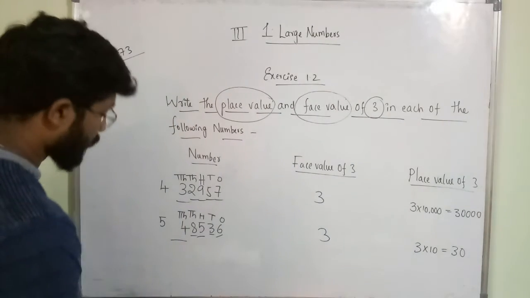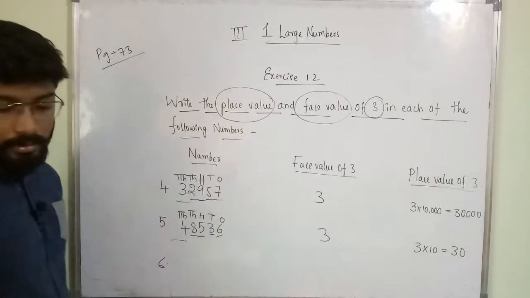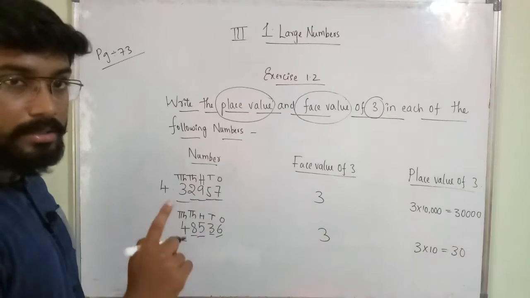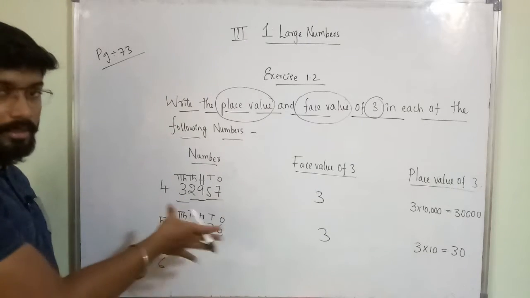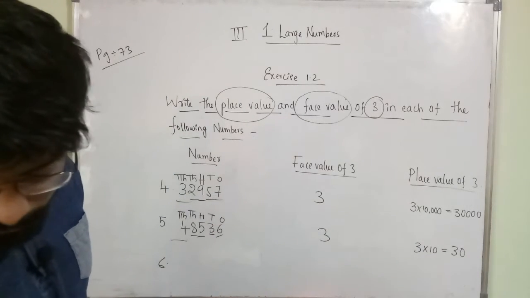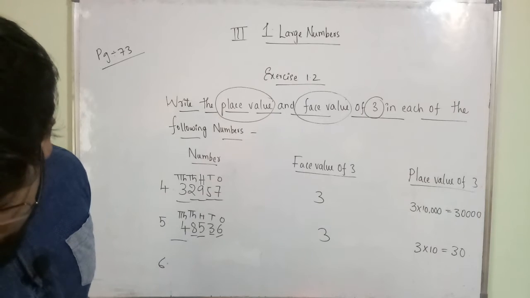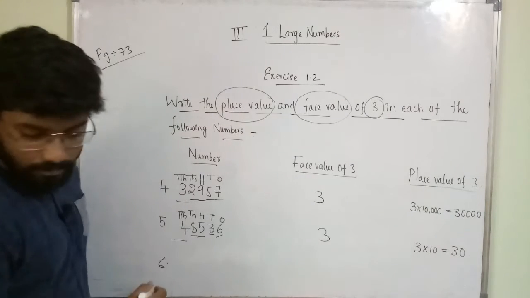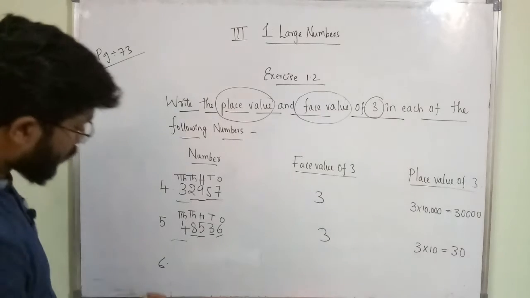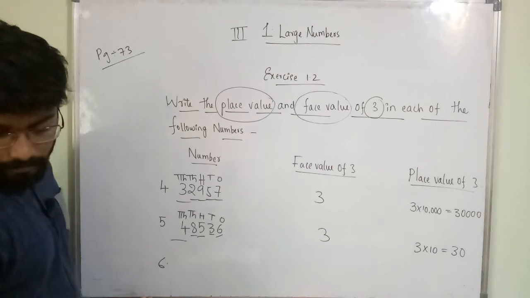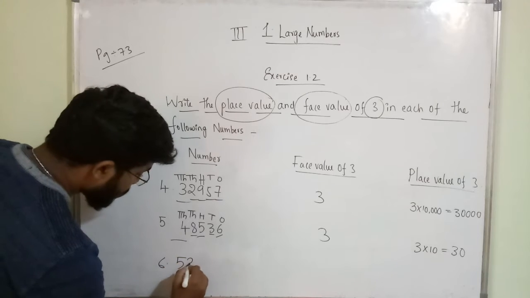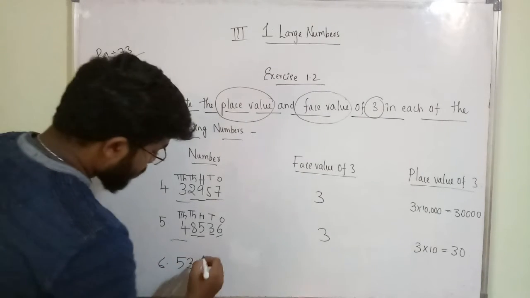Clear? We have discussed place value and face value in the previous class, so regarding that we are trying to find the face value and place value of the given number, which is 3. Clear? So the sixth one, 53964.